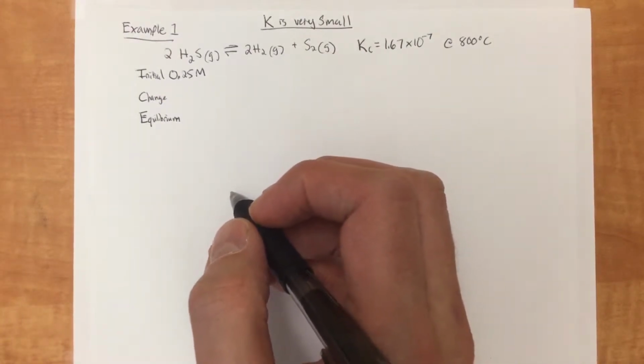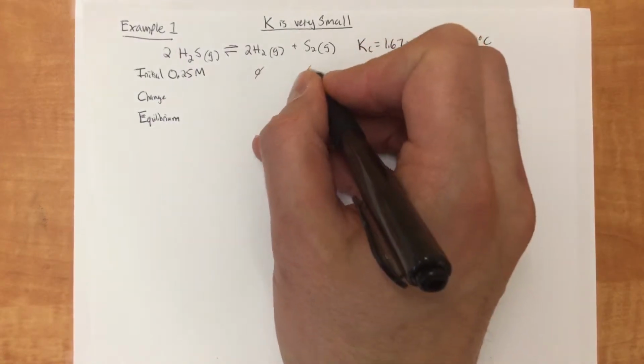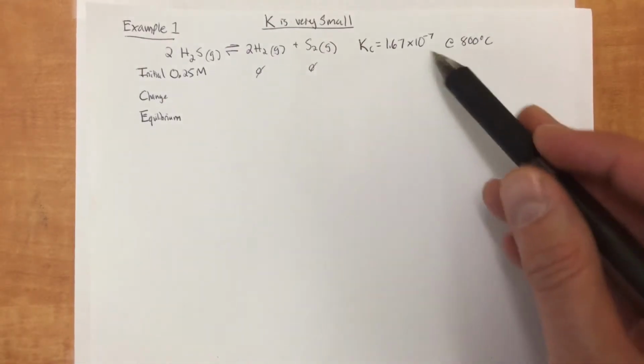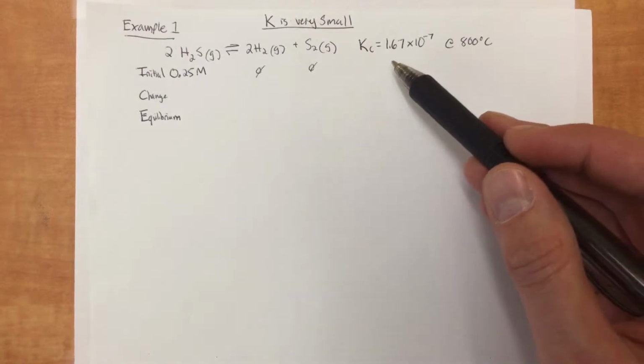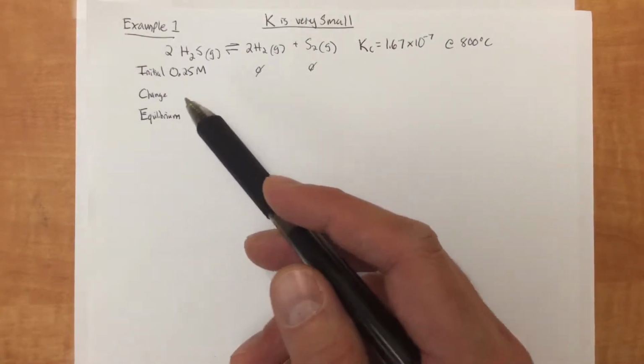The first thing you will note is that we have no concentration of our two products. We know from this, without doing any calculation for our Q, that our reaction will proceed in the forward direction. But because our K is so small, whatever change will occur will likely have very little effect on this initial concentration of H2S gas.